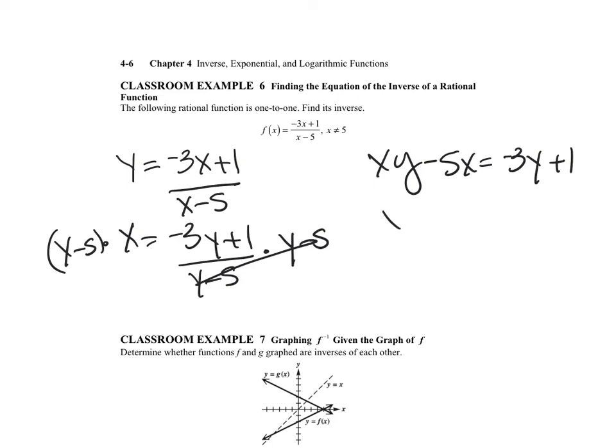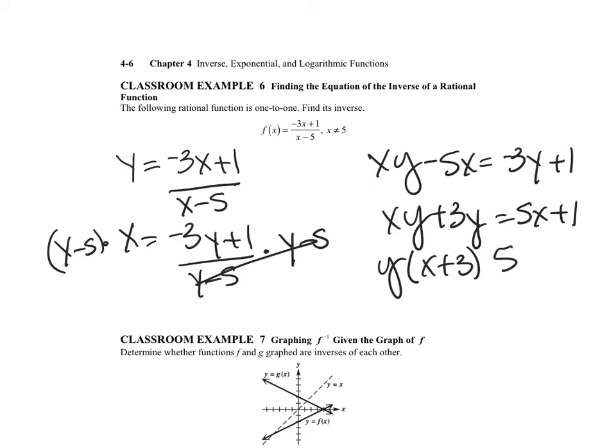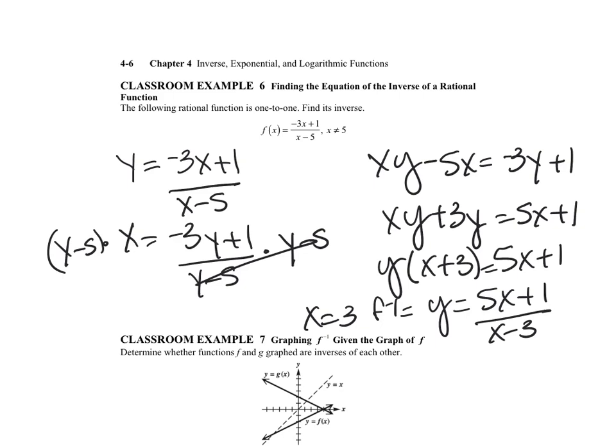So I have to get the y's on the same side. Xy plus 3y equals 5x plus 1. Factor out the y's. Divide both sides. So this would be the equation of the inverse, and x cannot equal negative 3.